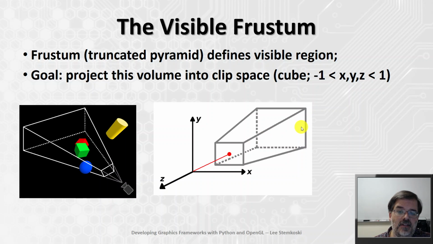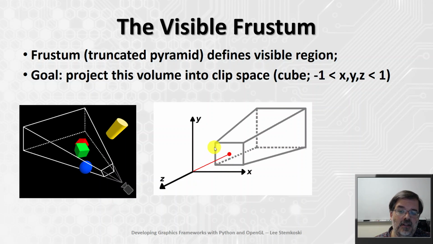The near distance and the far distance serve as absolute bounds on what you can see in the scene. There's also the vertical angle of view, which is the angle between the top plane and the bottom plane if they are extended to the origin.